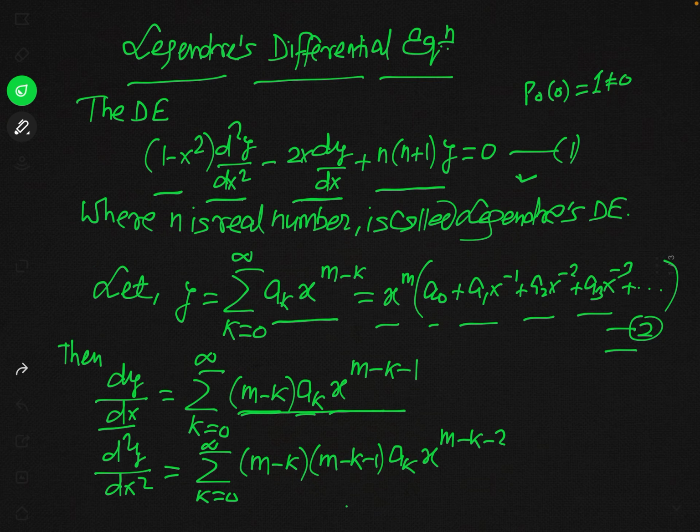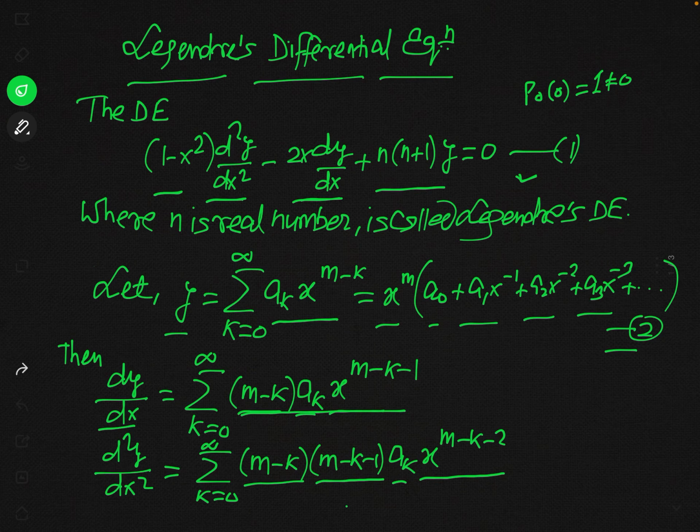To get the second order derivative, we simply differentiate this expression, and you will get summation over k from 0 to infinity (m minus k) into (m minus k minus 1) into ak x to the power m minus k minus 2.